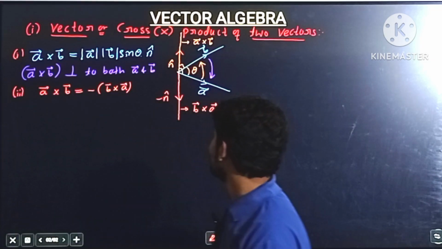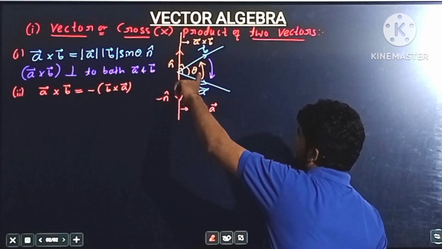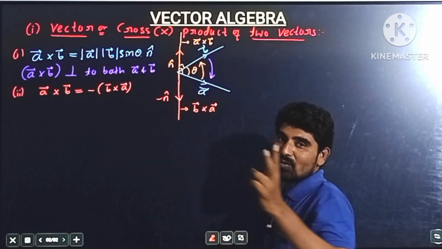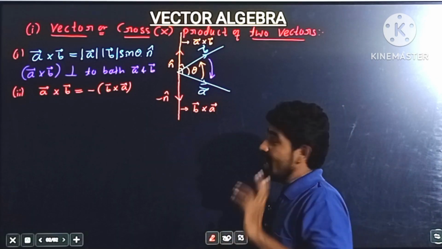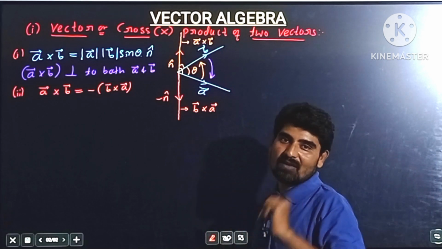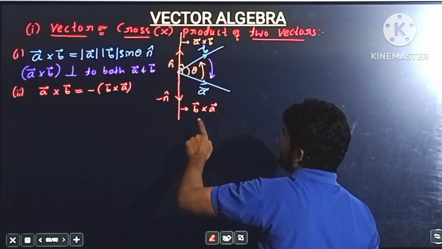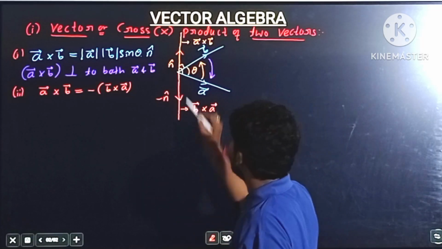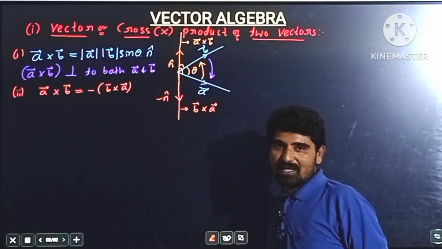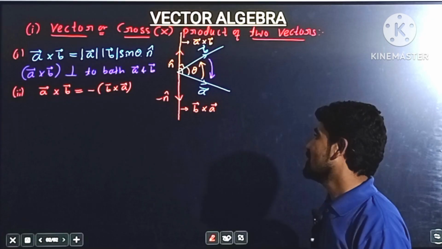So for a vector and b vector, we have two unit perpendicular vectors, that is n cap and minus n cap, and also two perpendicular vectors, that is a vector cross b vector and b vector cross a vector. Both of these vectors are perpendicular to a vector as well as b vector. I hope all of you understood.